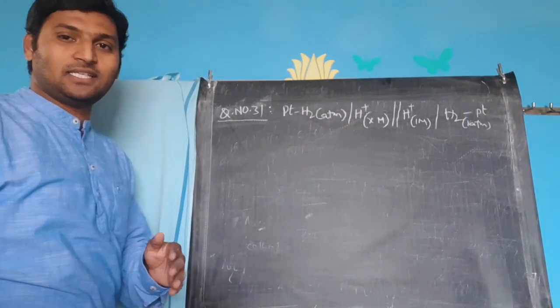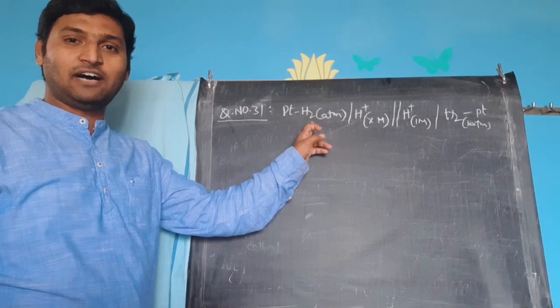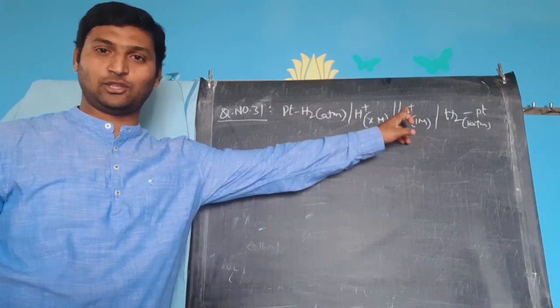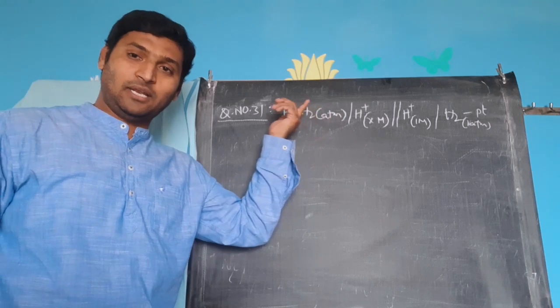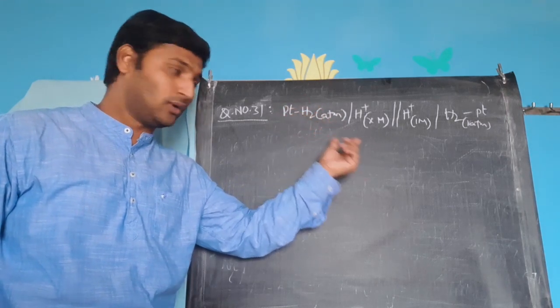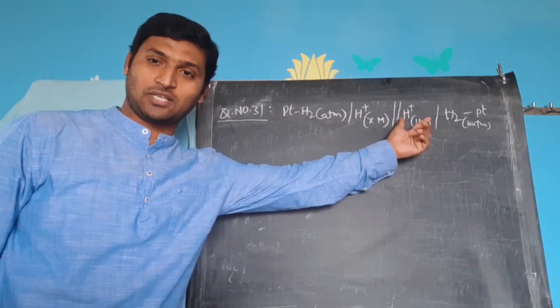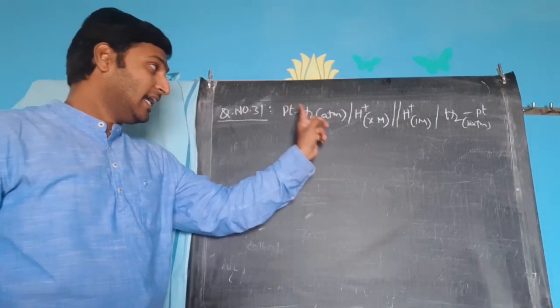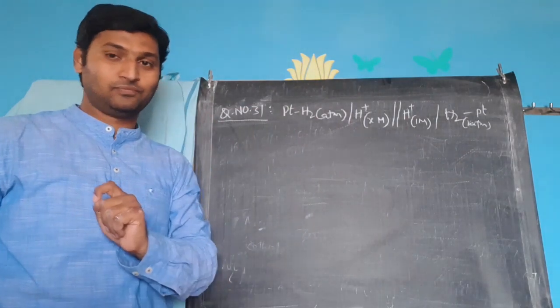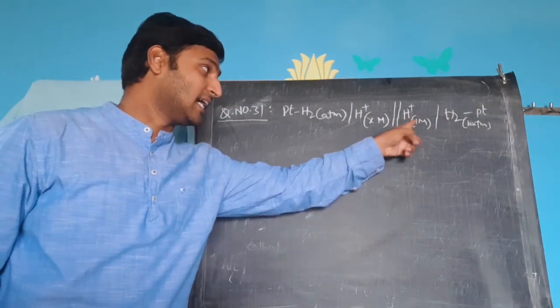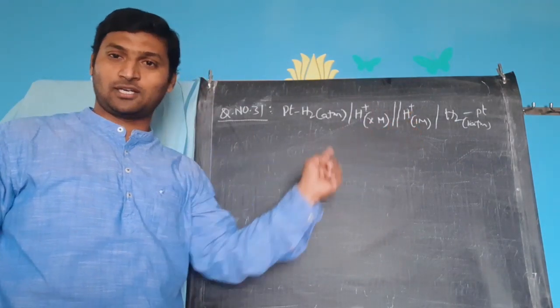Now you know, as per the cell representation, left half is anode, the right half is cathode. Now if you notice, left half vessel also is hydrogen electrode, right half vessel also is hydrogen electrode. Even partial pressures of hydrogen gas in both the electrodes are same. Only thing different is the concentrations of hydrogen in both the electrodes.